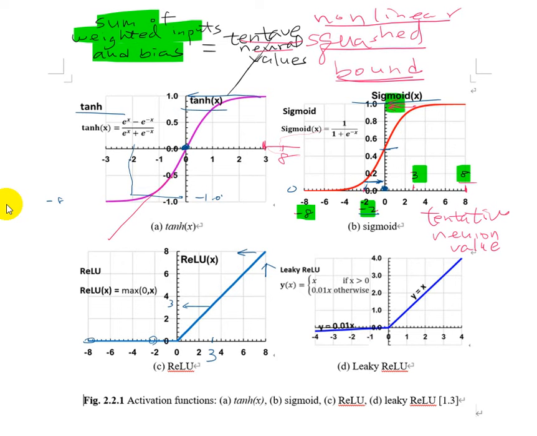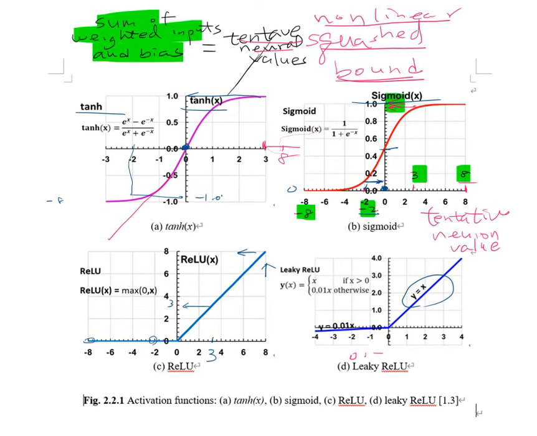For the positive region you have the same value, because you are representing it with the equation y equals x. With leaky ReLU, if you have -2, the value is a little less than 0, which is negative.